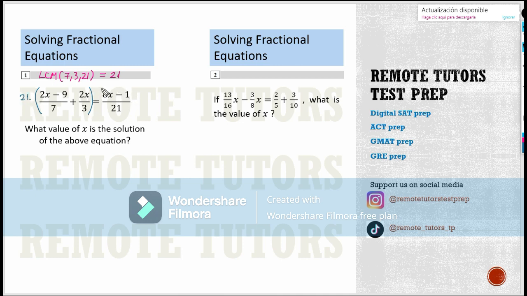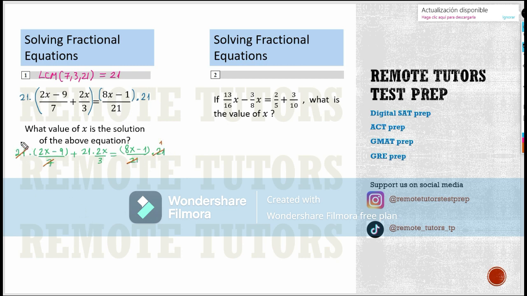So we get 21 times (2x minus 9) divided by 7 plus 21 times 2x divided by 3 equals 21 times (8x minus 1) divided by 21. Here we can simplify. 21 divided by 21 gives 1.